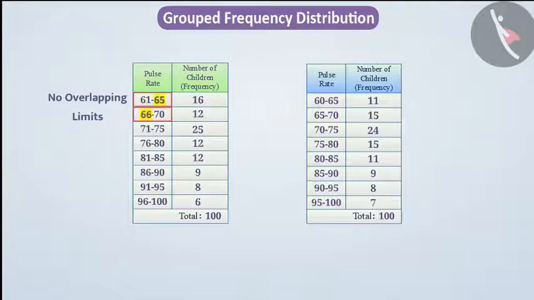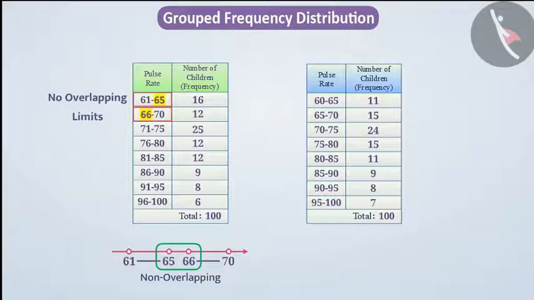That means that classes are not overlapping. Such a classification or distribution of data when the classes are non-overlapping is called discontinuous frequency distribution. In this way, it is a discontinuous frequency distribution table.